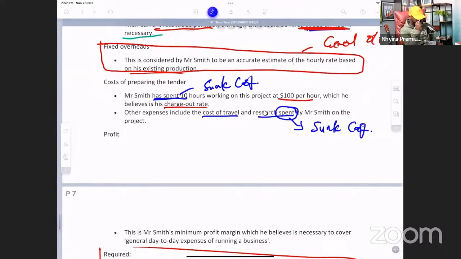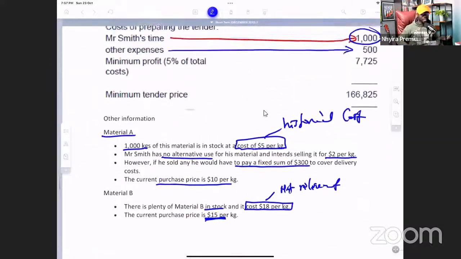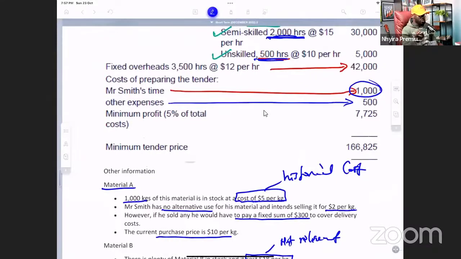Not relevant to us. I hope we are getting the idea because it has been incurred already. Whether he continues with the project or he doesn't continue with the project, that ain't our issue.